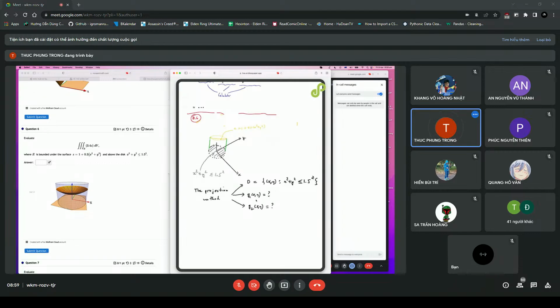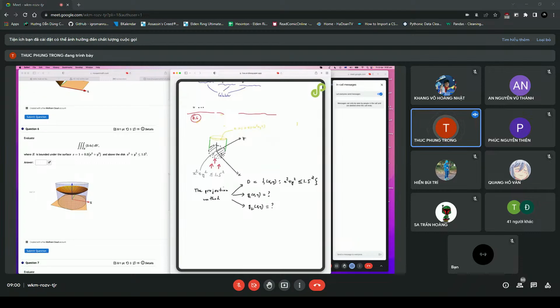How to get it? Is it from the lower surface? So you need to go up. So you go like this. The first surface you meet when you encounter E, when you encounter the solid, is exactly the disk, right? You always meet the disk first.